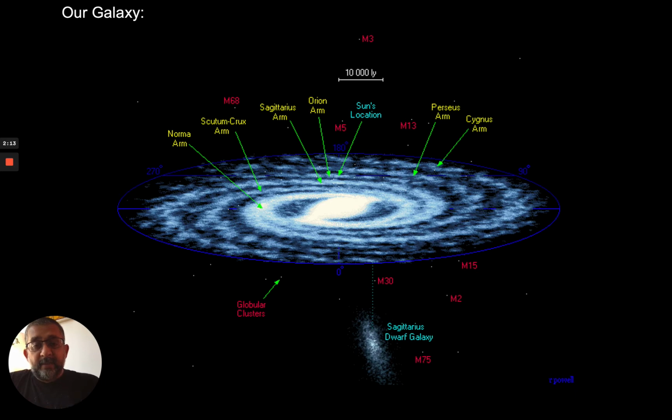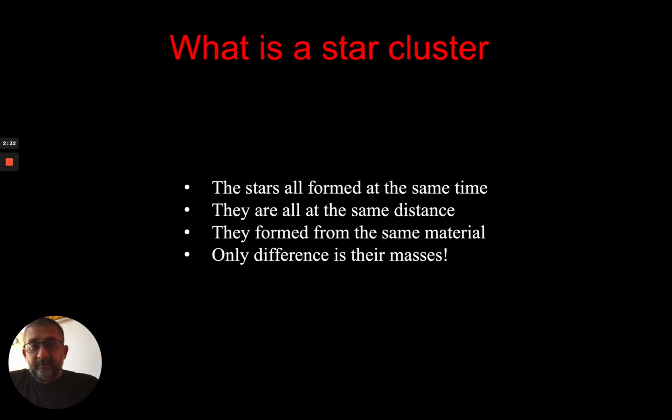What this leads us to believe is that these globular clusters form outside of the disk of the Milky Way and tend to form their own little neighborhood, as it were, and tend not to join with the rest of the party. In a future video, I'll explain a little bit more about why this happens.